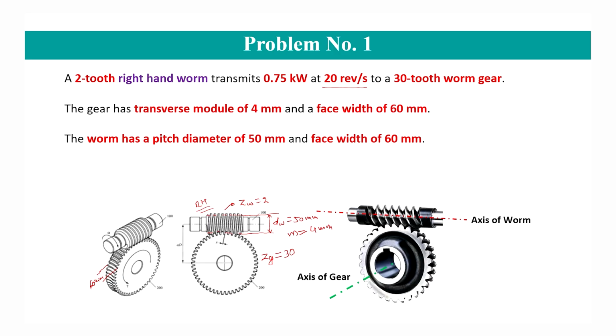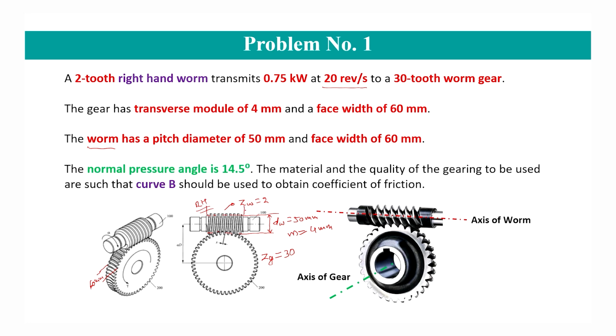And the face width of the worm is 60 mm, and the face width will be this one. The normal pressure angle is 14.5 degrees. This is the angle through which the force will transmit from the driving gear to the driven gear, and it will act along the line of action.